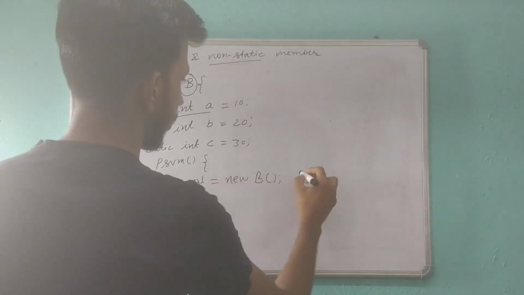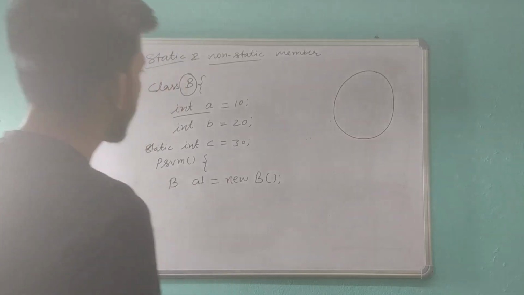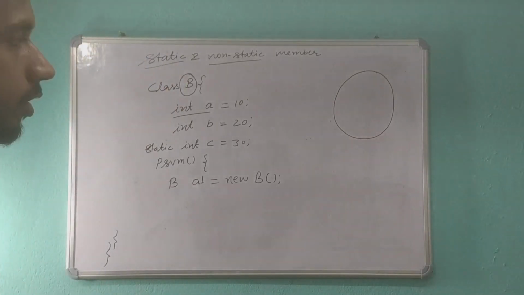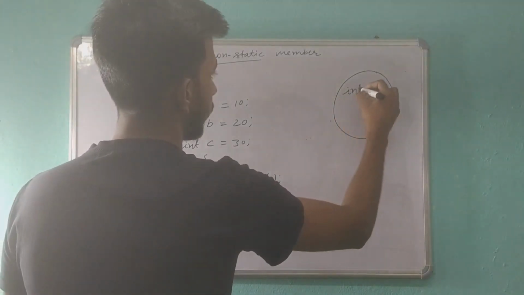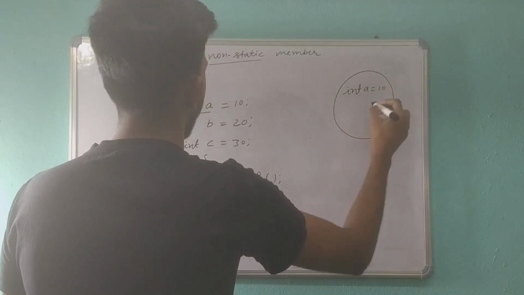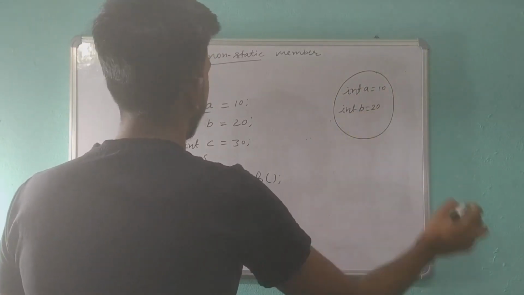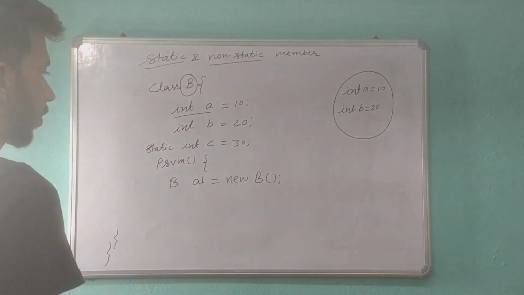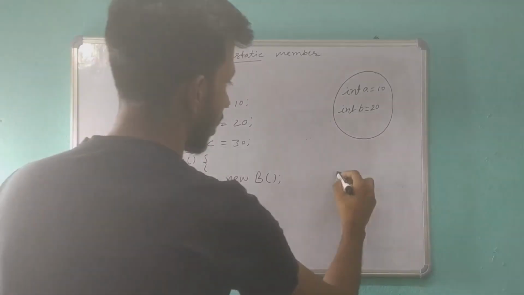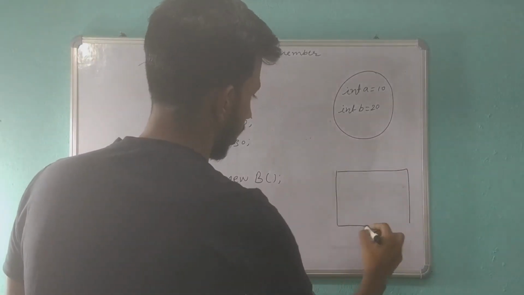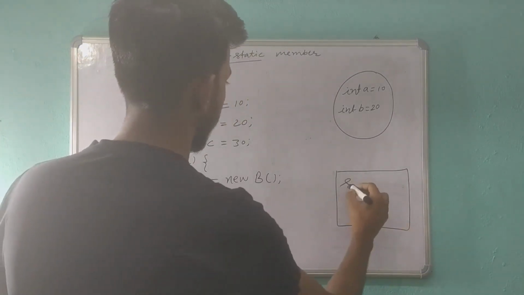After writing this, the object will be created on RAM and non-static members will get loaded into the object. So int a equal to 10 gets loaded and int b equal to 20 gets loaded, and static members will get loaded into the class common memory. Every class has a common memory and static members will get loaded there.